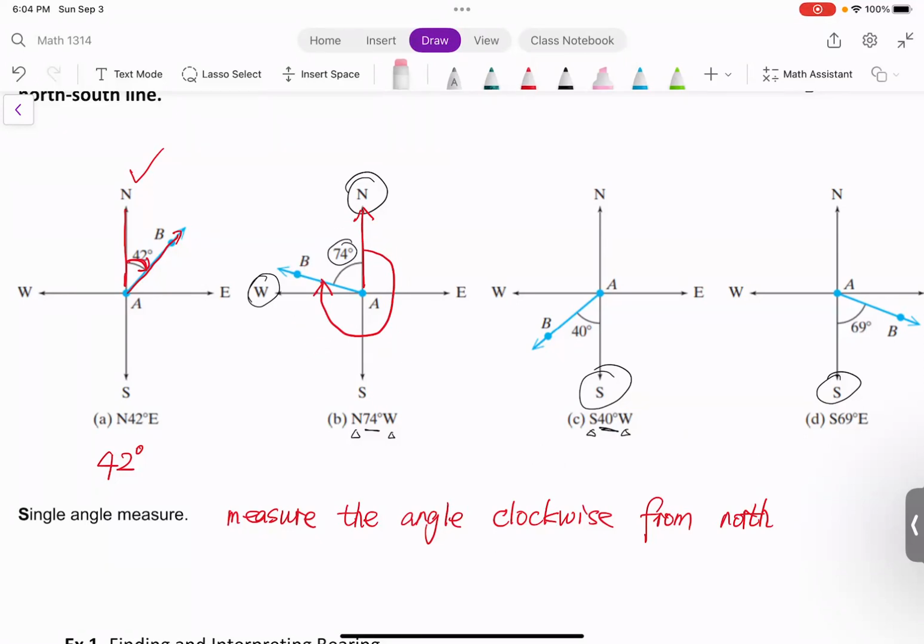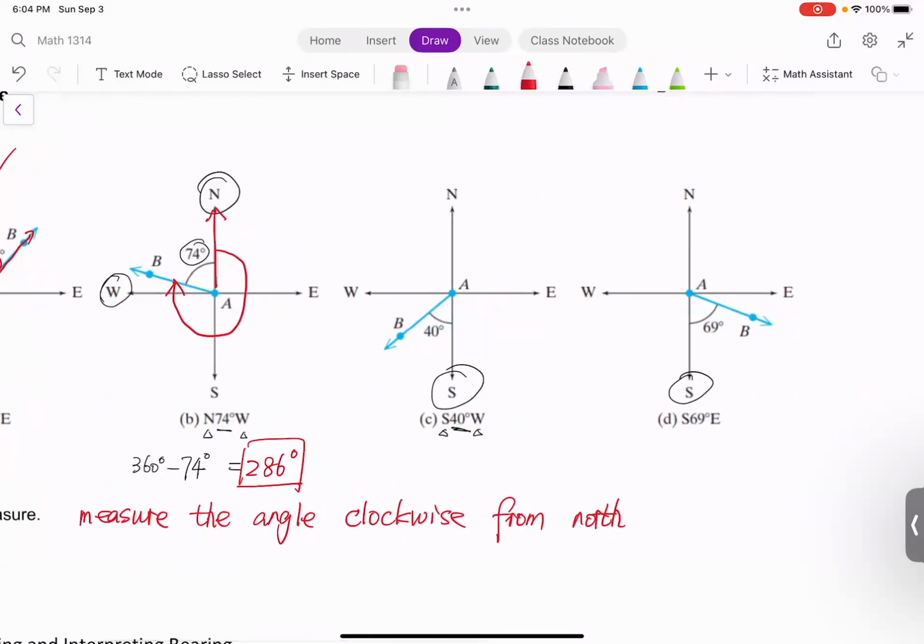So I use one full rotation minus 74 degrees. So 360 minus 74 degrees is 286 degrees. All right, so 286 is the single angle measure, the bearing.